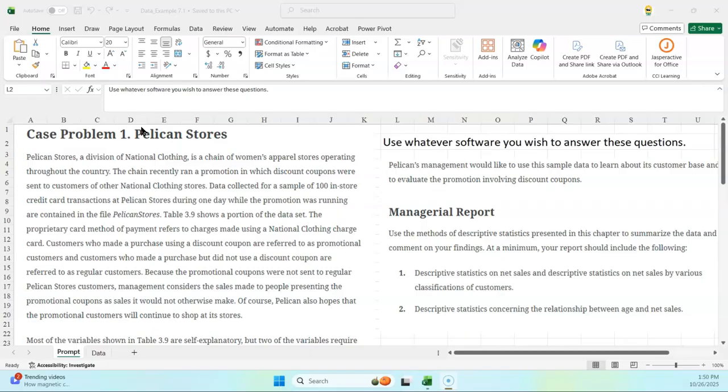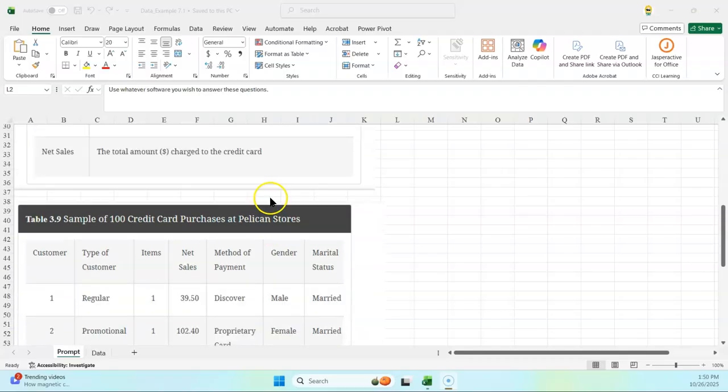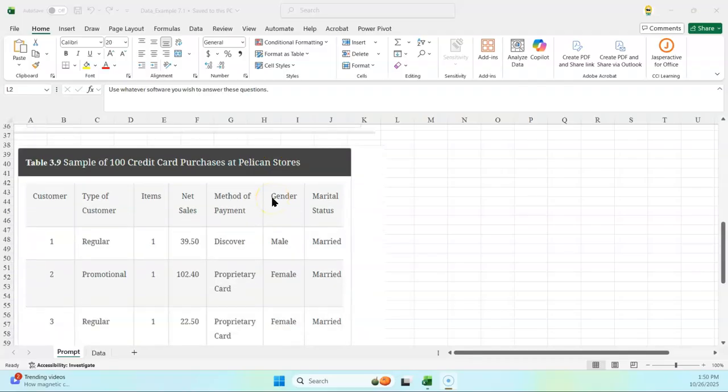And basically, we've got a couple different things, and we just want to slice and dice the data and take a look at it. So if we go down here, we have two different things: the number of items that we have, the net sales, the total amount that was charged to the credit card. And so this is what a sample of the data on the next sheet looks like. And so we have customer number, that's just a random number from 1 to 100.